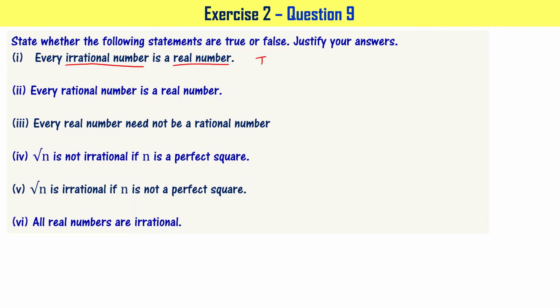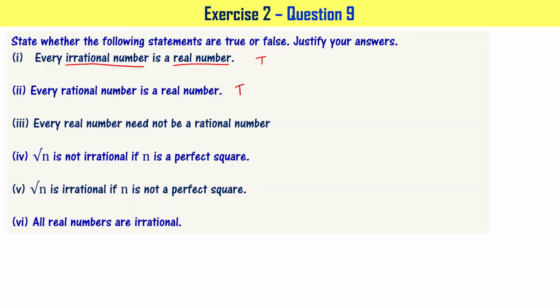It means when you have an irrational number, it is automatically a real number. Got it? Similarly, the second statement, every rational number is a real number. We said that rational numbers belong to real numbers, meaning rational numbers are a subset of real numbers. That's why every rational number is a real number.